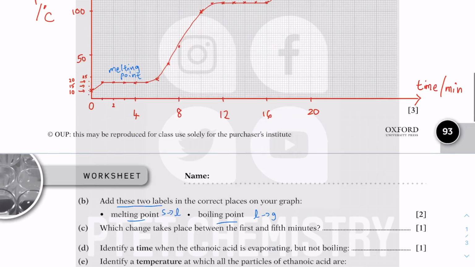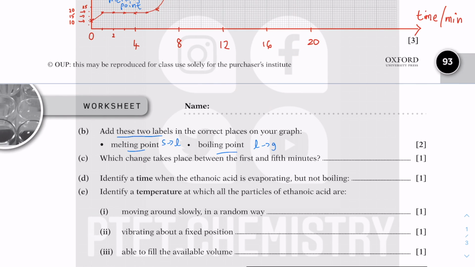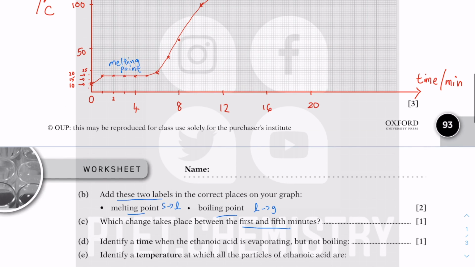Okay, so which change takes place within the first and the 5th minute? So there is the first bit, there is the melting point because you are having this change of state, which is called melting.